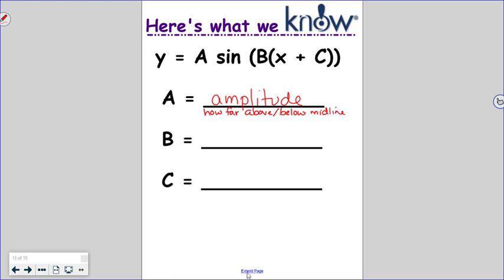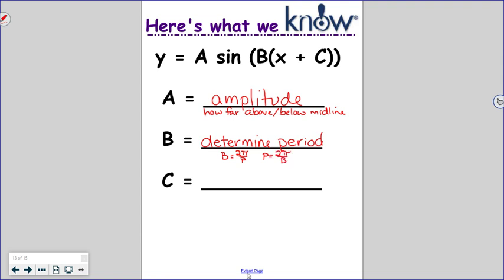Okay. Now, B does not actually have a name, but it helps us determine something that does have a name. Do you remember what it's related to? Period, right? So it'll help us determine the period. And those formulas were 2 pi divided by B, or B equals 2 pi divided by P, always 2 pi divided by.